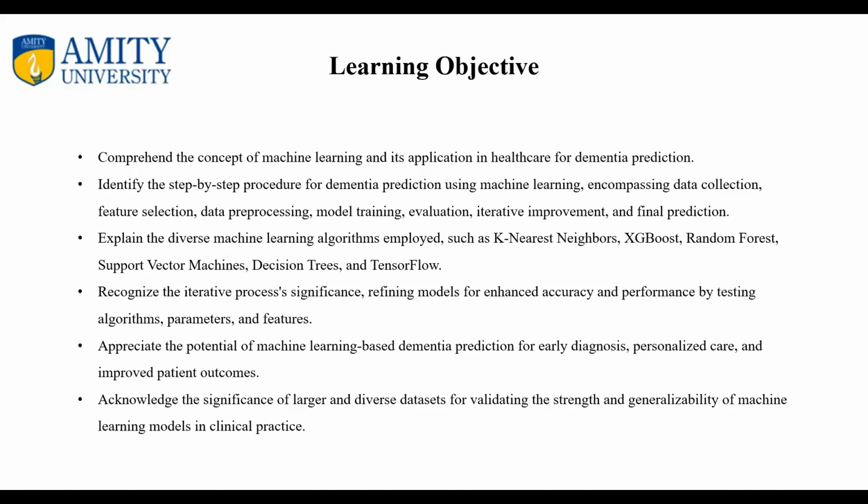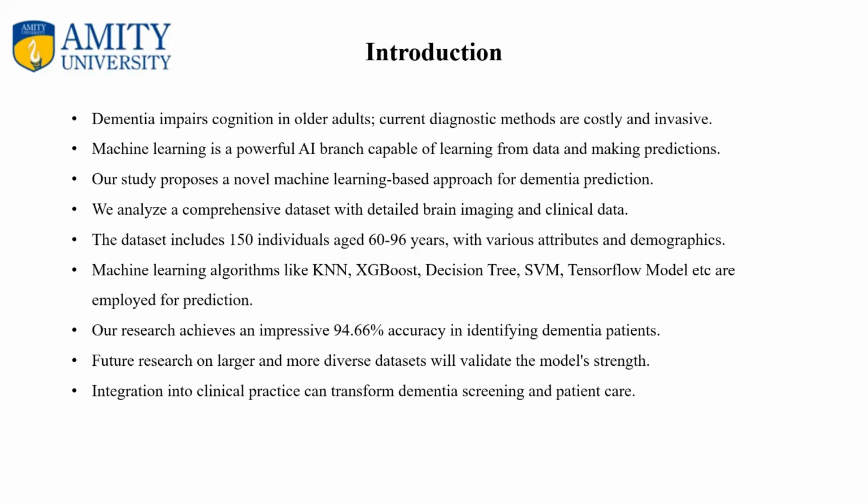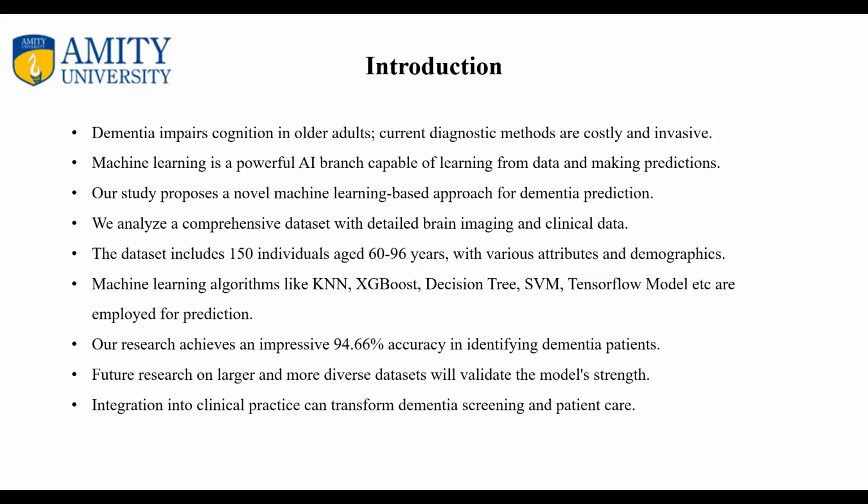Moving on to the introduction. Dementia impairs cognitive function in older people. Current diagnostics are very costly and invasive. Machine learning, a branch of AI, learns from data to predict outcomes effectively.